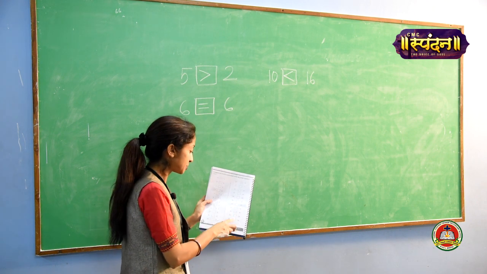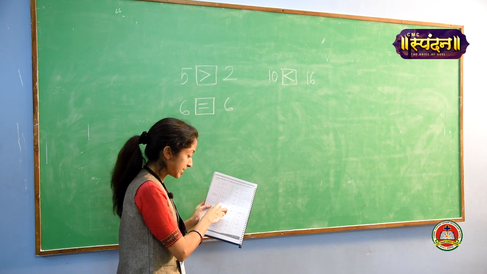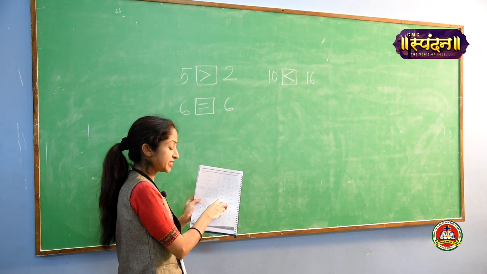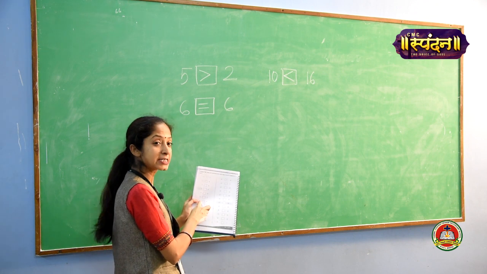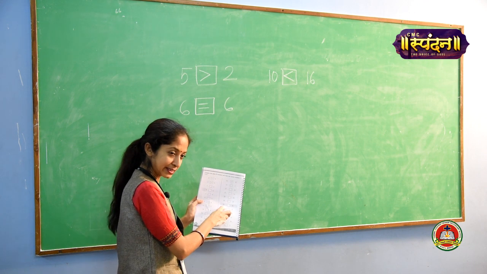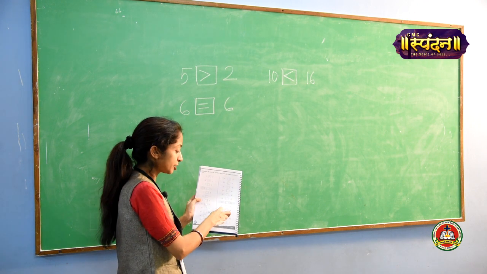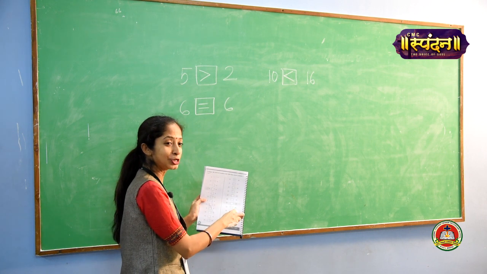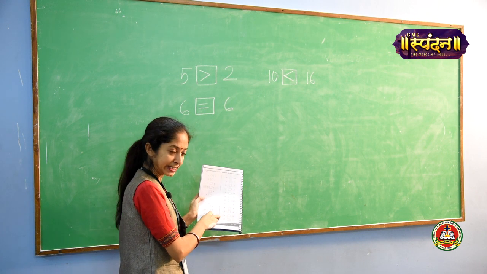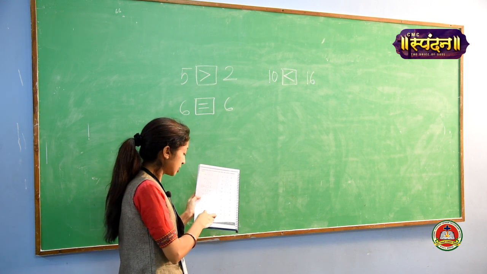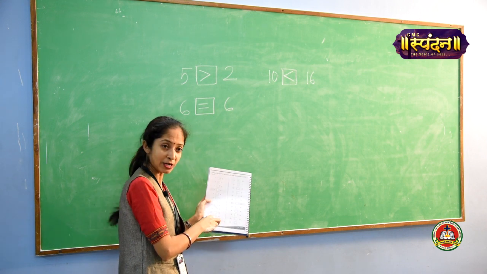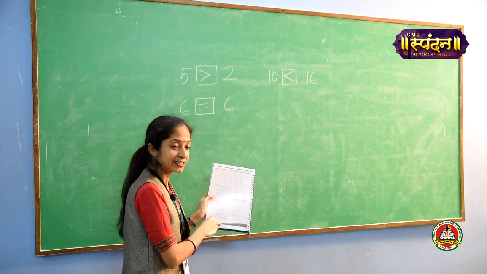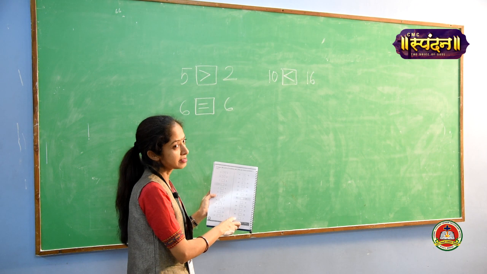So you have to complete this page. 7 is less than 8, 15 is less than 19, 9 is greater than 2, 20 is less than 25, 8 is greater than 4, 23 is less than 30, 10 is greater than 3, 32 is greater than 25, 8 is less than 9, 34 is equal to 34 and 12 is greater than 11, 21 is greater than 20, 14 is equal to 14 and 18 is equal to 18, 15 is less than 17 and 15 is greater than 7, okay.